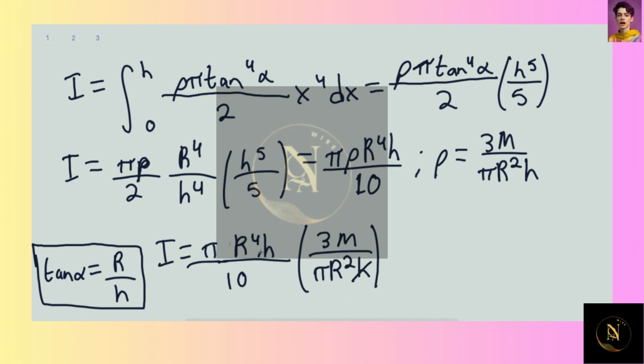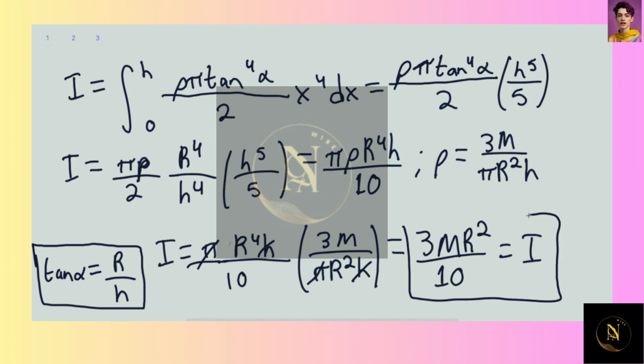This h cancels out, this pi cancels out, and we are left with 3m r squared all over 10. So this would be the moment of inertia of this cone here. And that's the end of the solution. Thank you for watching.